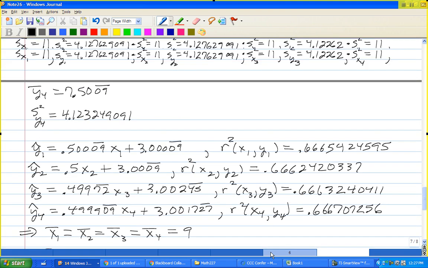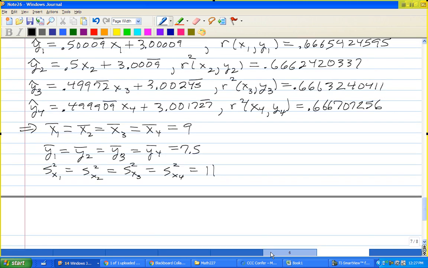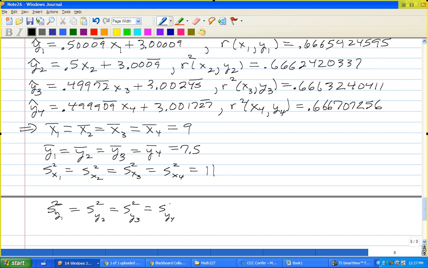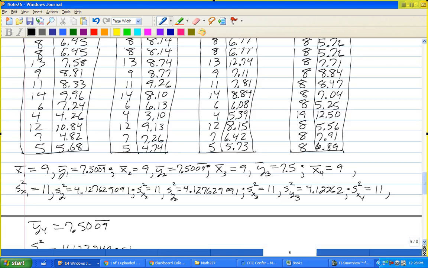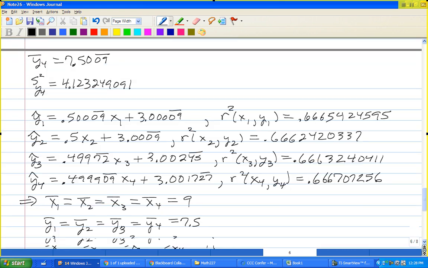Okay, all the variances for the y's 4.127, 4.12.